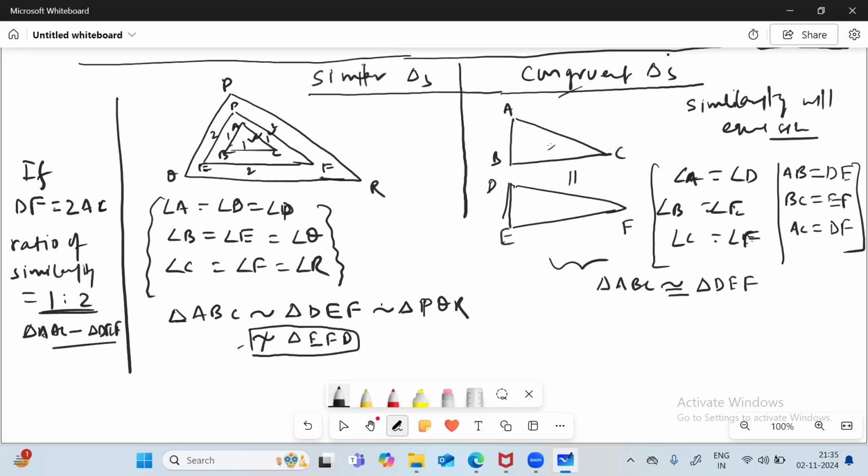Okay, so this is how we define similar triangles. First we have all the angles the same to each other, and we will also have the ratio of similarity.